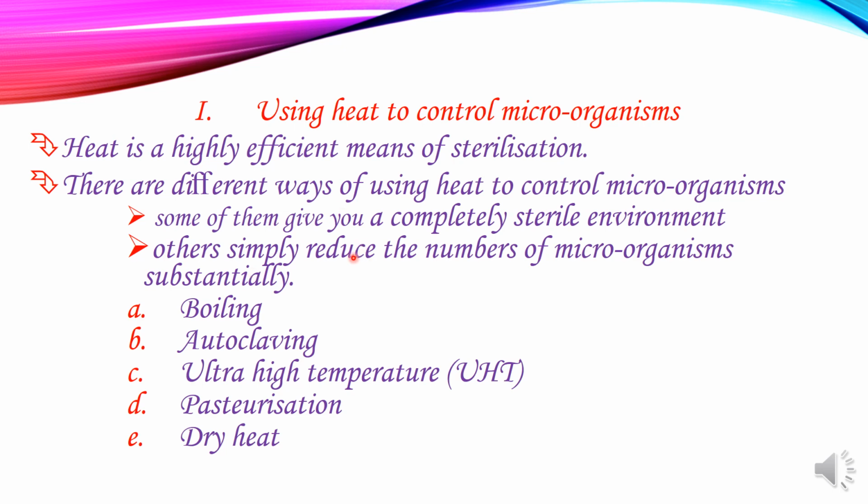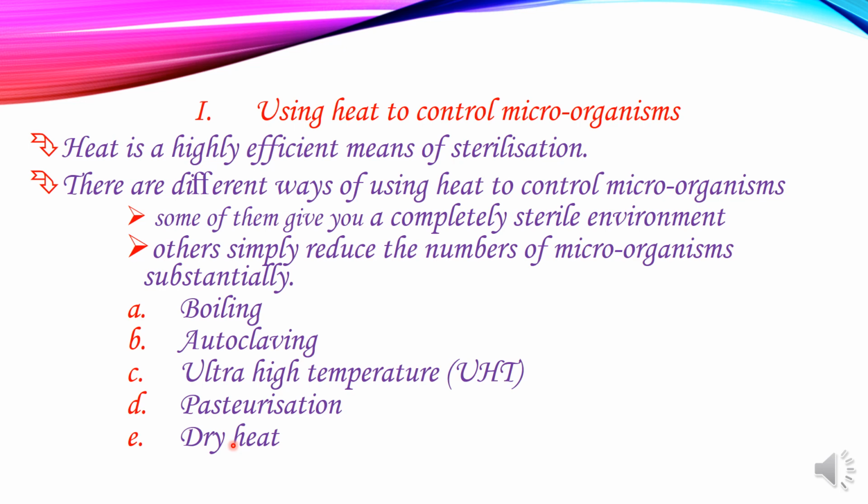Based on the amount of temperature and the time requirement, heat sterilization can be grouped. The first, boiling. The second, autoclaving. Third, ultra heat temperature or UHT. The fourth option is known as pasteurization, and the fifth one is known as dry heat.